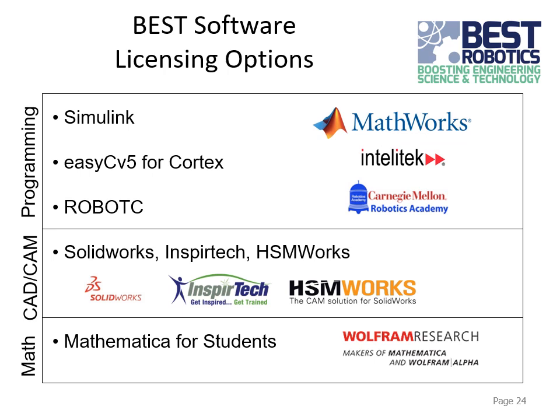So, some of the software you have available. There's Simulink, that's a MathWorks product, so you can get that through MathWorks for free. EasyC is a pretty common way that people program their Cortex. There's also RobotC.